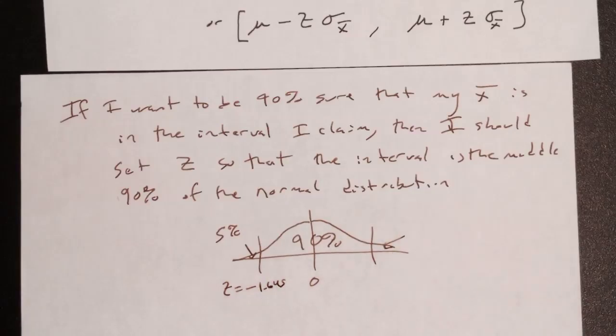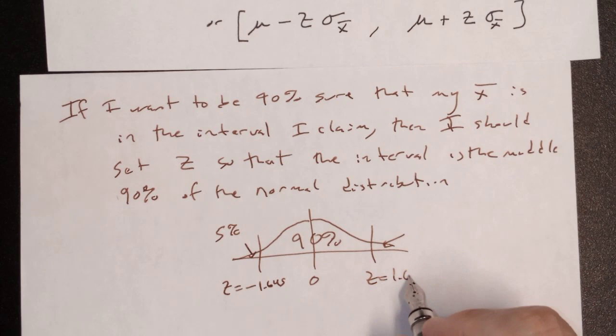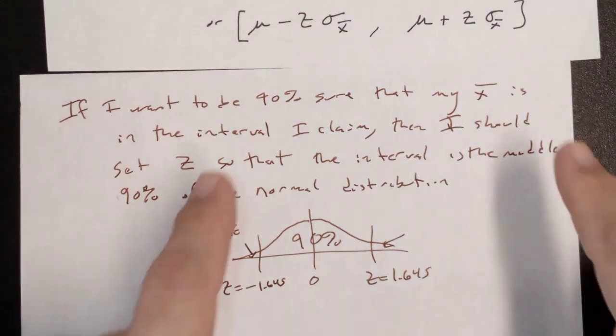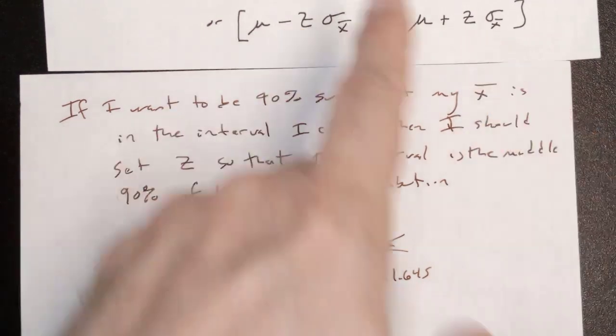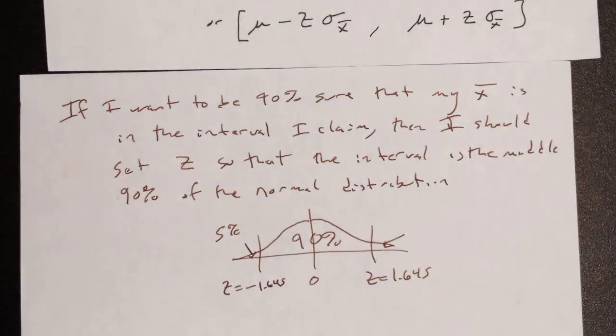But this area is also 5%. So by symmetry, this is positive 1.645. That's the number I'm going to use here in this range in our interval for z.